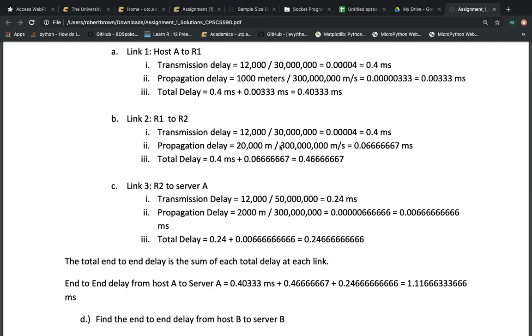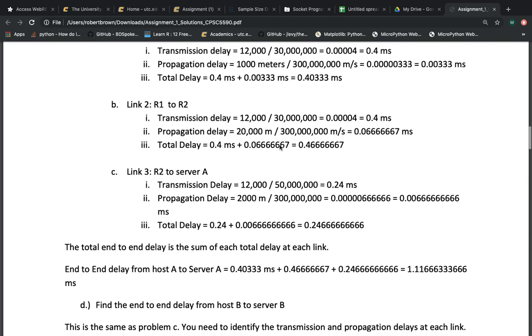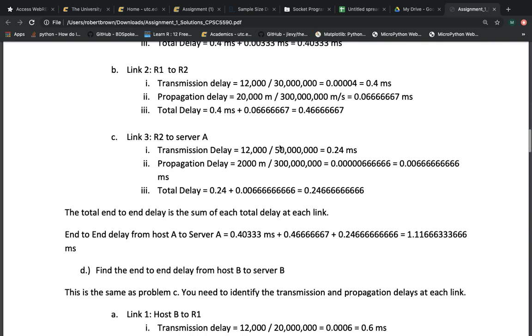I'm going to do the same thing with the two remaining links, the next one being R1 to R2. Transmission delay is 12,000 bits, the size of the packet, divided by the rate, which is 30 million bits per second, which will give you 0.4 milliseconds. The propagation delay is 20,000 meters, which is the distance between R1 and R2, again divided by the speed, which will give you 0.06666667 milliseconds.